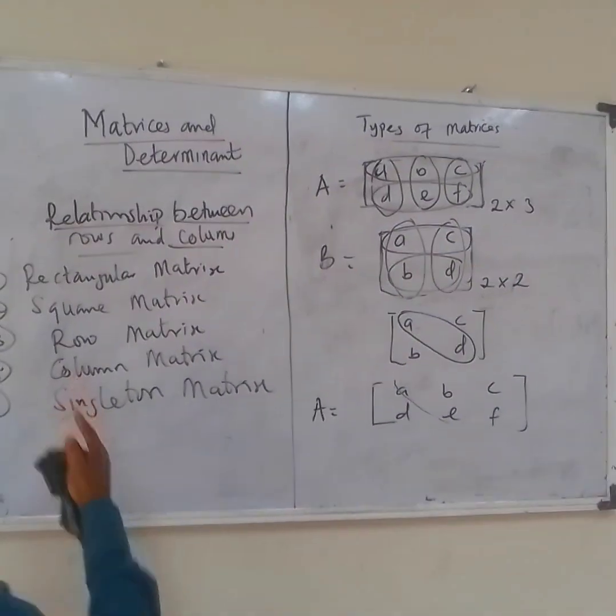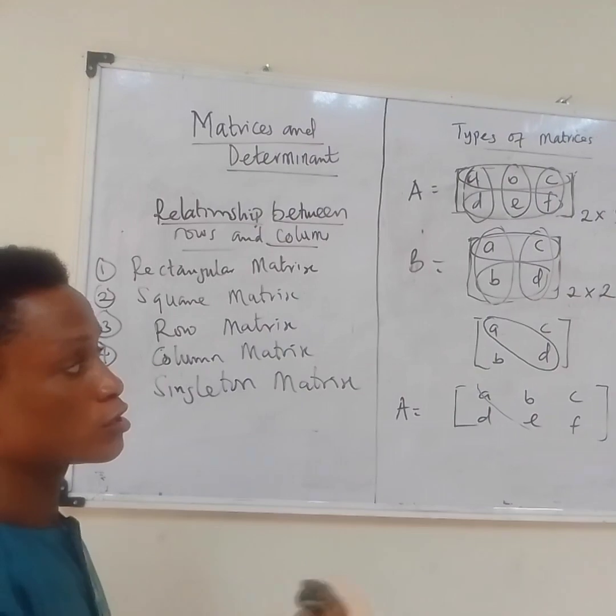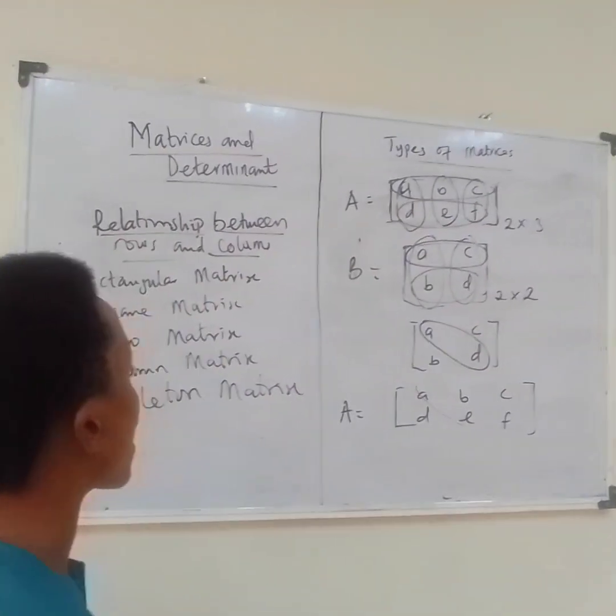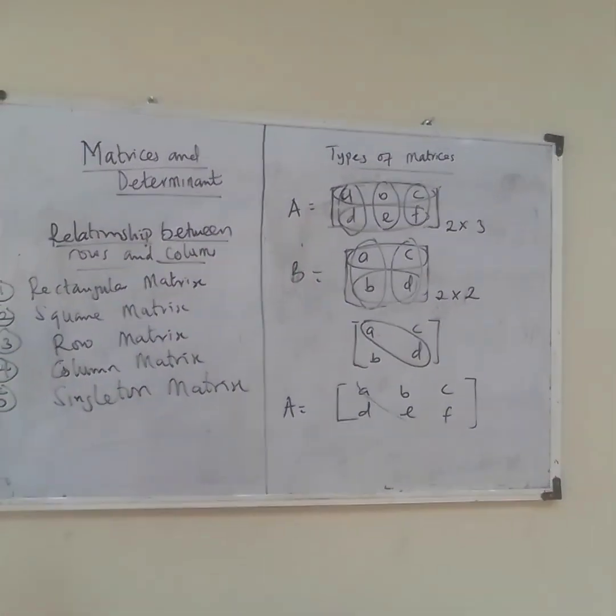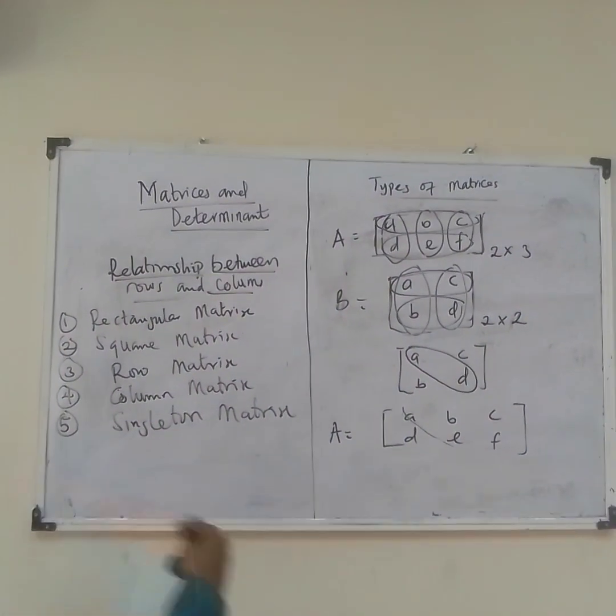Row matrix, I think I've explained that. I said a row matrix is the horizontal arrangement of elements or numbers.